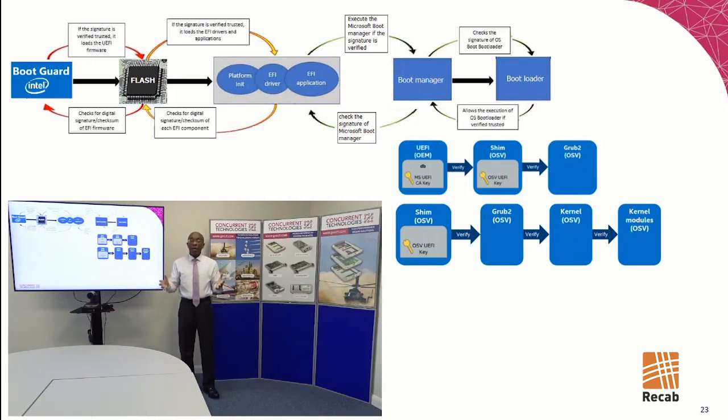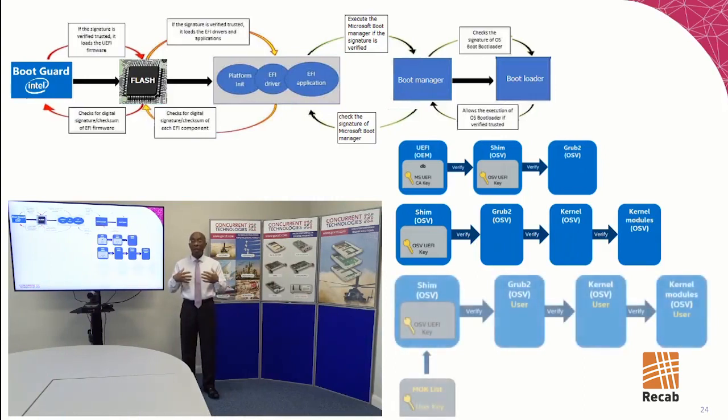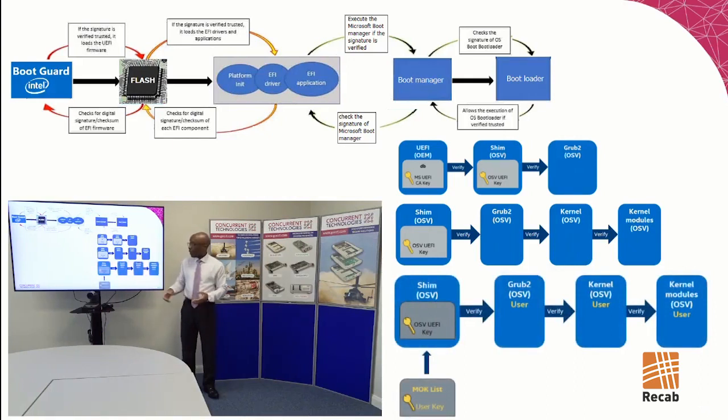But you may want to say, well, that's a problem. What if I want to sign my own operating system? The whole UEFI has been designed such that if you want to, you don't have to, but if you want to, you can actually add your own certificate and key information to the BIOS. There is a machine owner key list and a mechanism that reuses the shim from, for example, Red Hat, which allows the reuse of user keys.